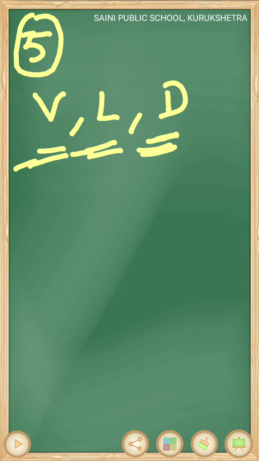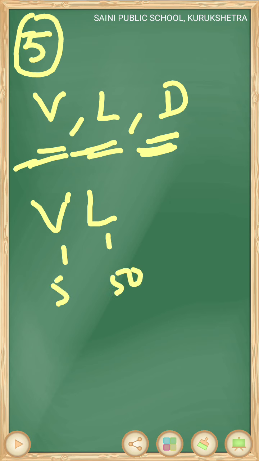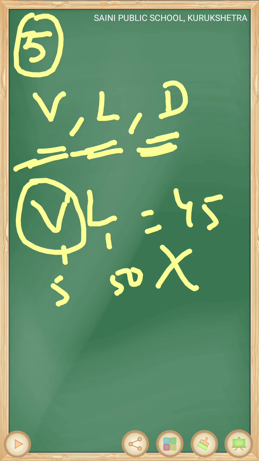For example, if I want to write V and here I am writing L. Now the value of V is 5, the value of L is 50. So 50 minus 5 it will become 45. But this is wrong because we can't subtract V from any greater Roman numeral.